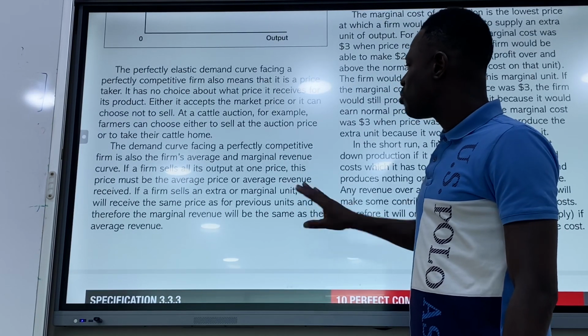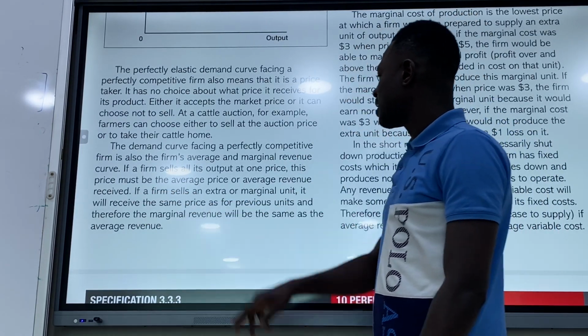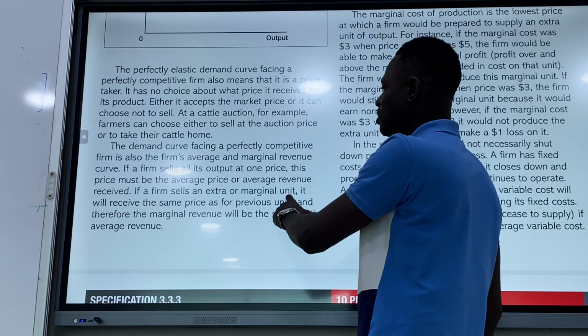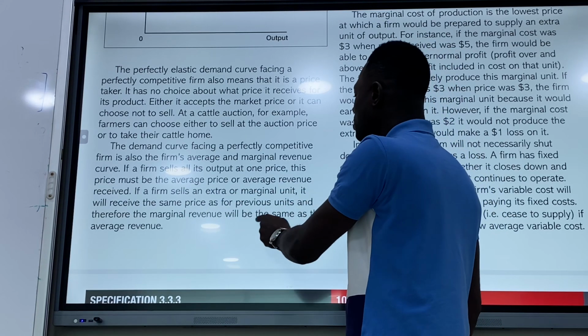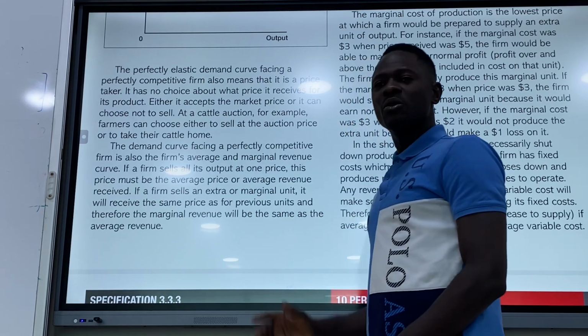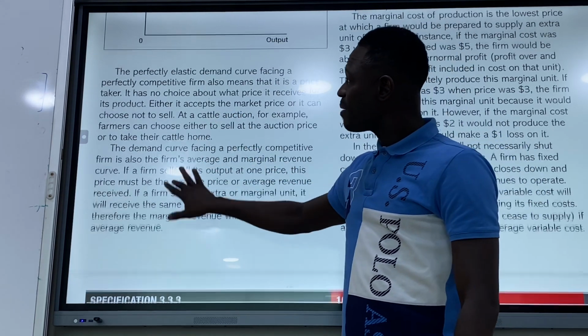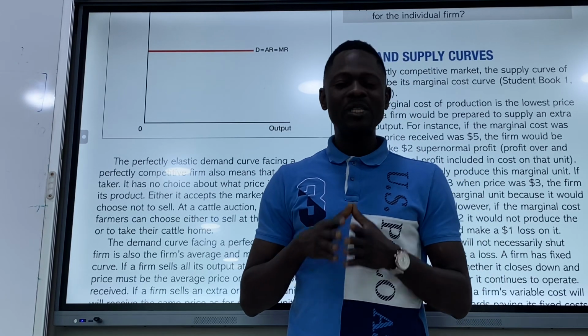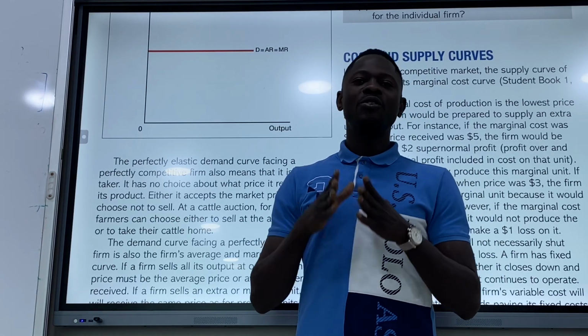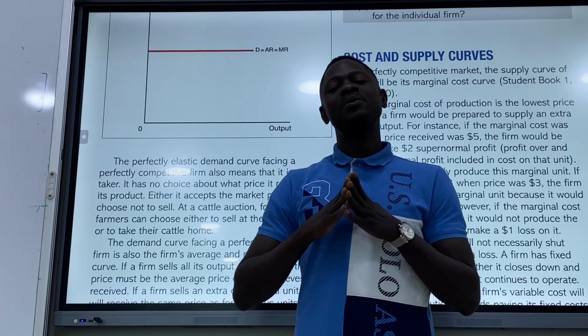There's nothing a firm will do. So if a firm sells an extra or marginal unit, it will receive the same price as for previous units, and therefore marginal revenue will be the same as the average revenue. So in a perfect competition, whatever happens to output in the firm, your average revenue and your marginal revenue will always be the same.